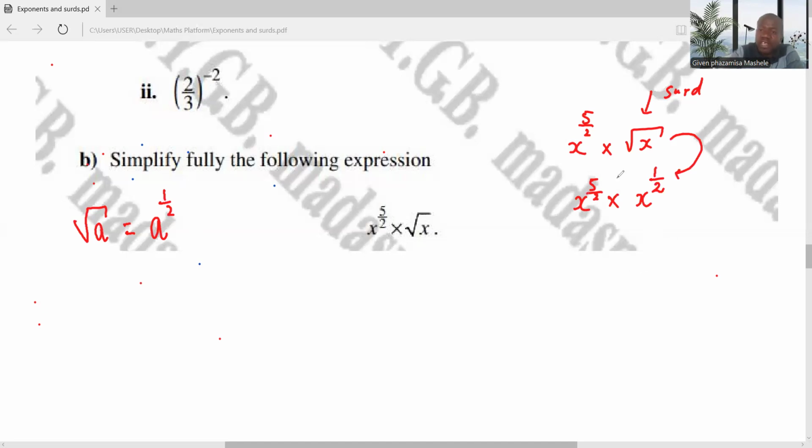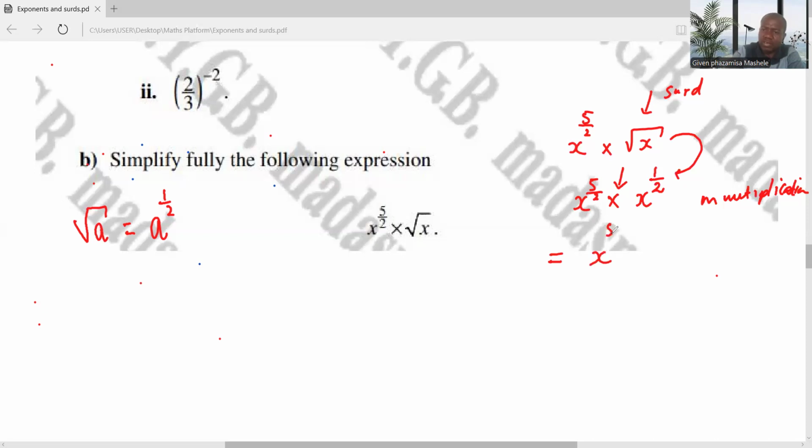And now, since in between there is multiplication, and our base is both x, we can use the multiplication law. What does the multiplication law say? Whenever you're dealing with multiplication, as long as the base is the same, you take one base and you add the exponents.